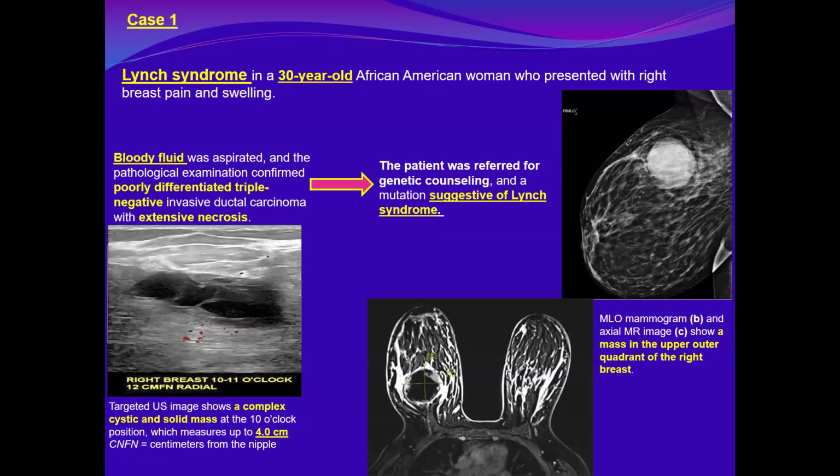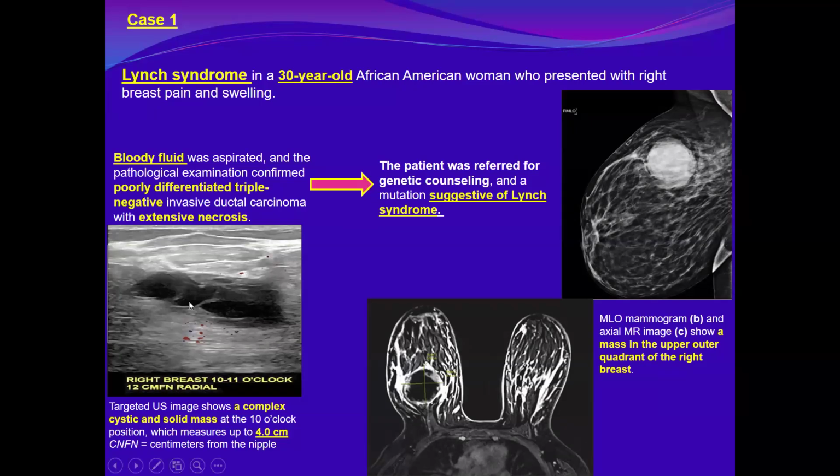This is Lynch syndrome in a 30-year-old African American woman who presented with right breast pain and swelling. This is a palpable abnormality, an indistinct mass on mammography, rounded, high density, seen on ultrasound as a complex solid cystic 4 centimeter lesion, aspirated.